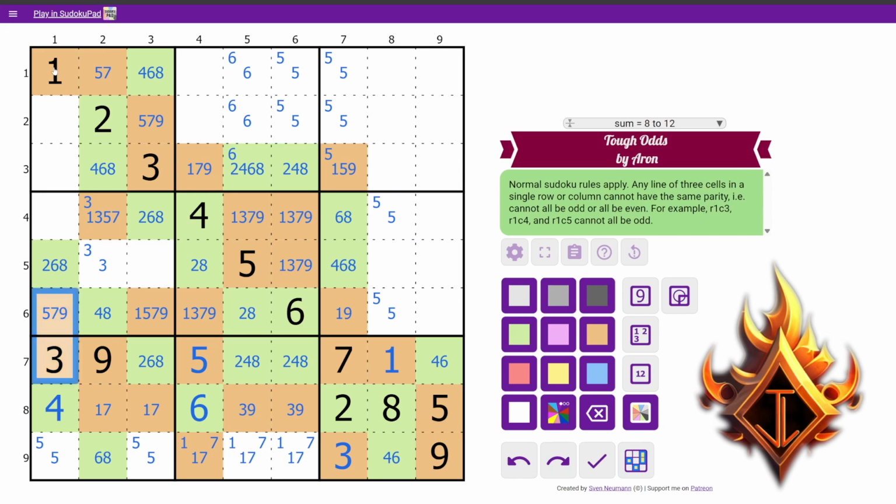1, 2, 3. Both of these cannot be odd, so there has to be an even up here somewhere, which will be the 3rd in the column.